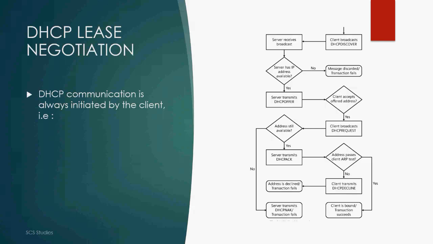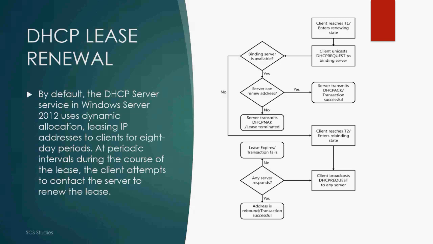If the ARP has been completed, then the client will be able to start using the IP address. But if it is no, that means if the ARP lookup failed, the client will decline the transaction. Okay, and an address declined or transmission failed message will be shown on the client machine. So this is the lease negotiation process, guys.